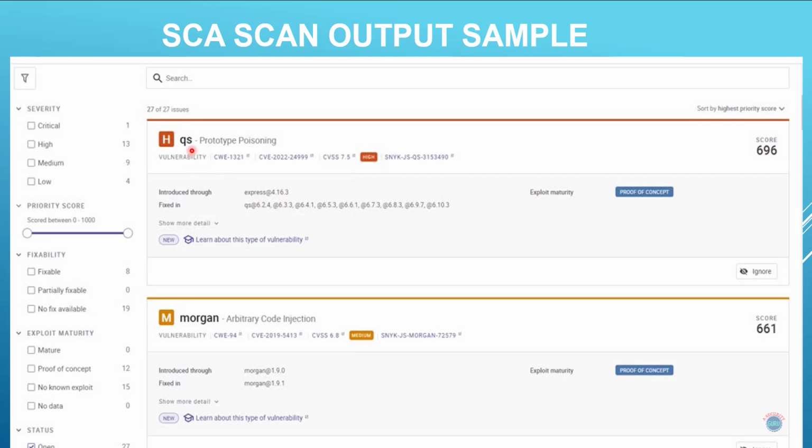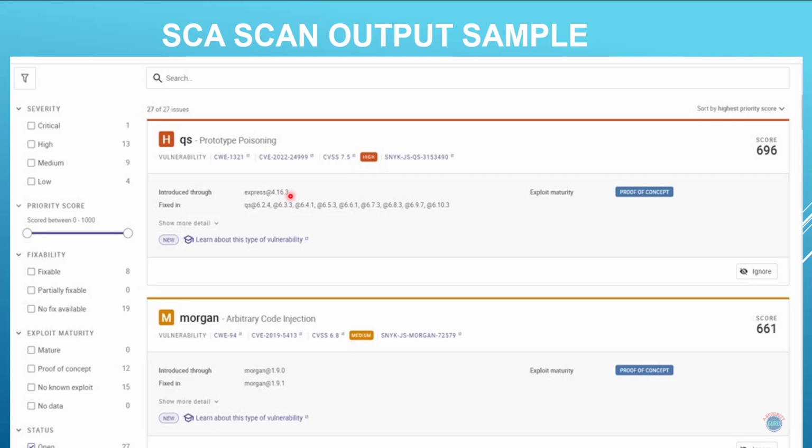If the issue was directly in QS and there was no child dependency involved, that issue would be a direct dependency security vulnerability. That's why in this case, the issue is a transitive dependency vulnerability, and the issue can be fixed by upgrading the parent library, which will have a fix for the child library as well. I hope now you understand why Snyk has mentioned to upgrade QS, but the issue was reported in Express, because it's a case of parent library and child library. Parent is QS library in this case and child library is Express in this case.